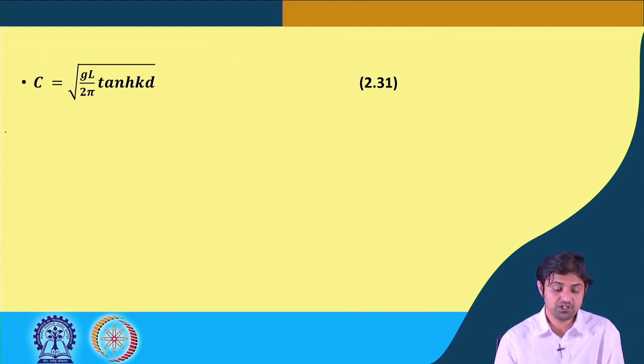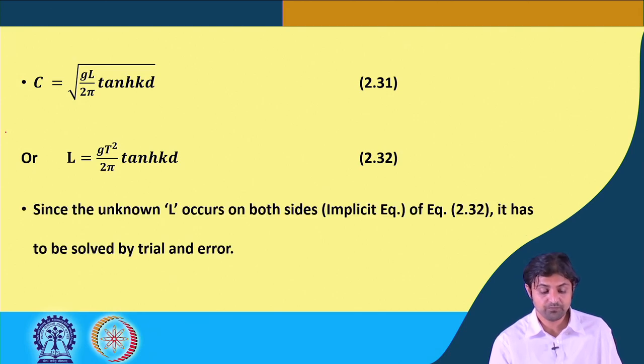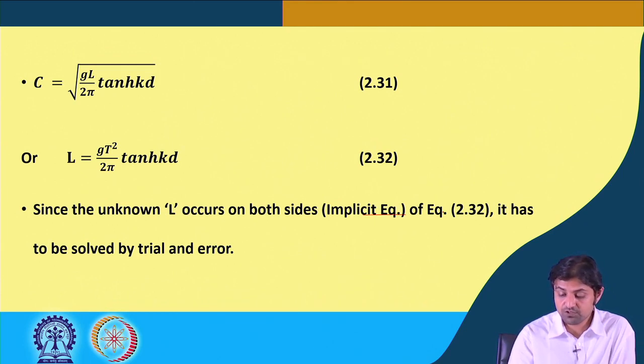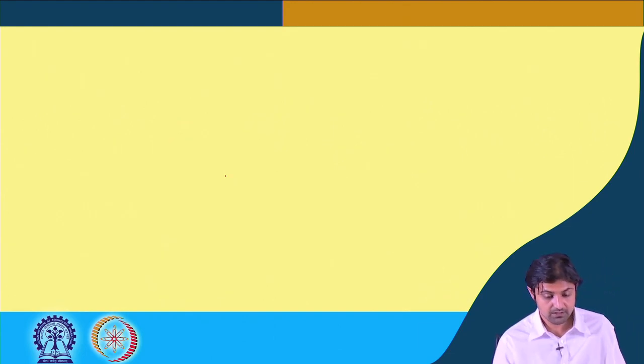So, c can be written as g L by 2 pi tan h k d, or L is equal to g T square by 2 pi tan h k d. Since the unknown L occurs on both sides of equation 2.32, it has to be solved by trial and error, because k is nothing but 2 pi by L.